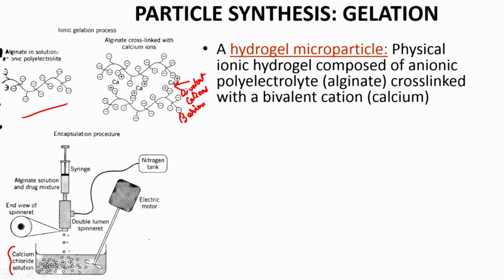Depending on the size of the nozzle and the pressure conditions, you will get a certain size of droplets, and you can vary that with these parameters. That will result in gelation by ionically cross-linking these polymer chains using calcium or other divalent cations. These are hydrogel microparticles because these are fairly hydrophilic polymers that are being used.